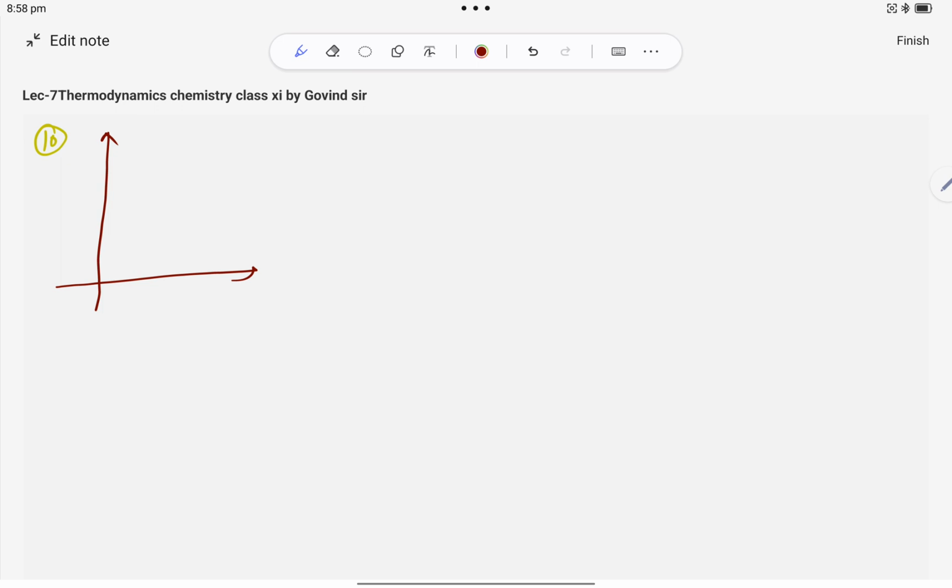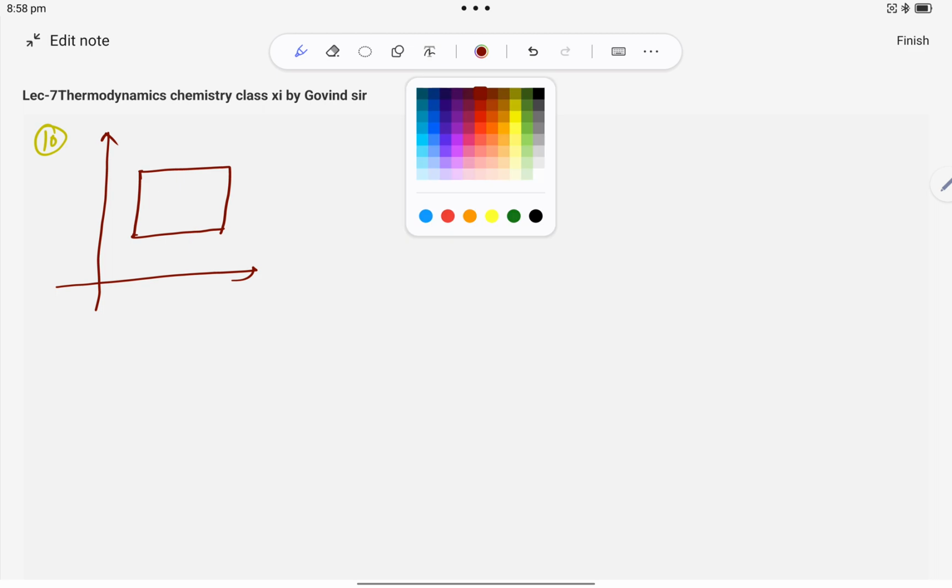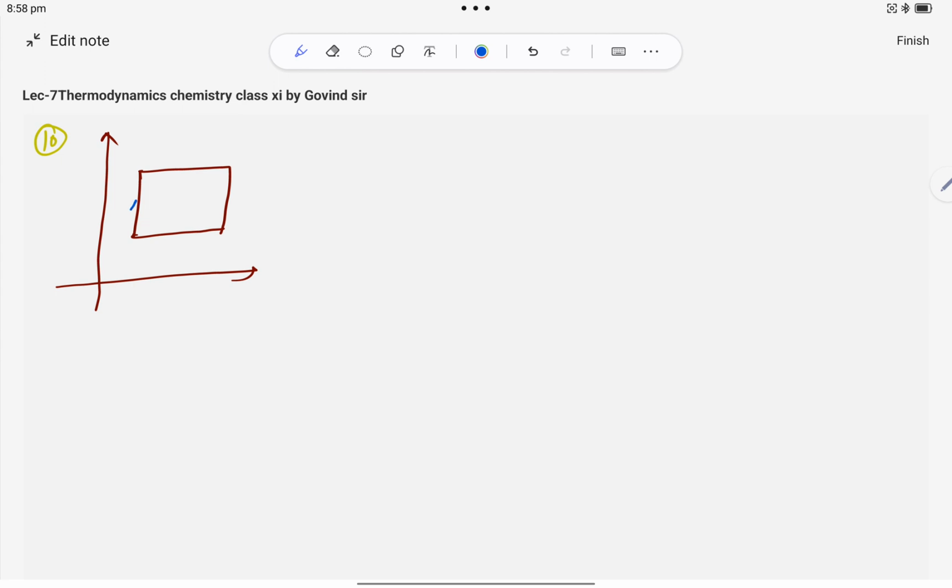Here, A to B, B to C, C to D, D to A. Okay, and this system is for ideal gas.